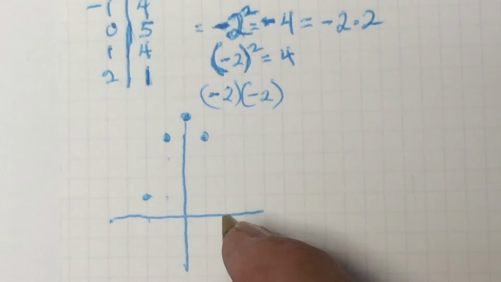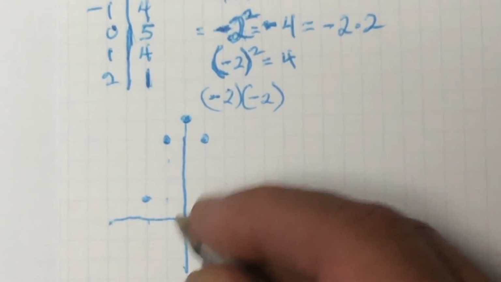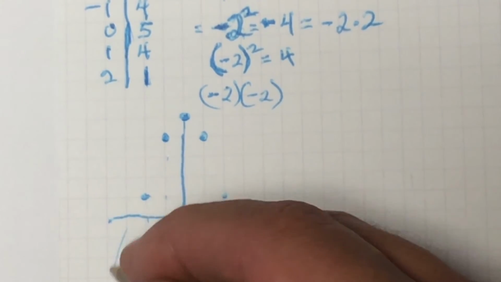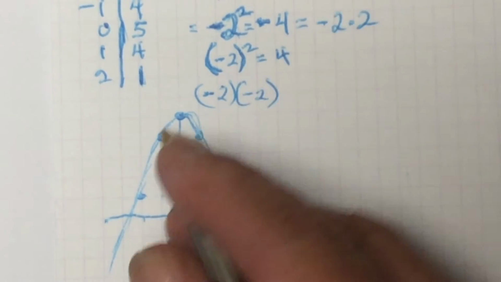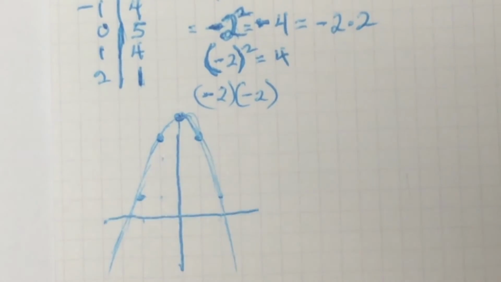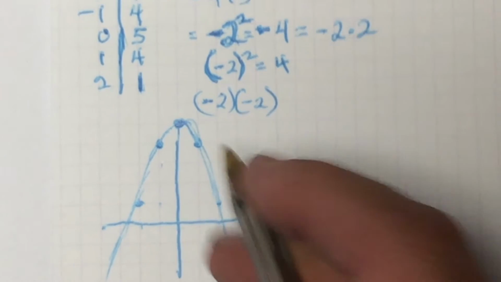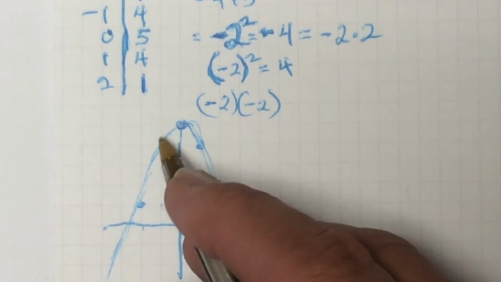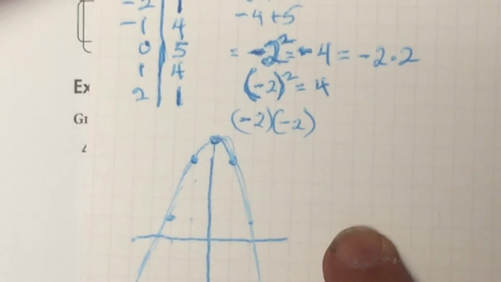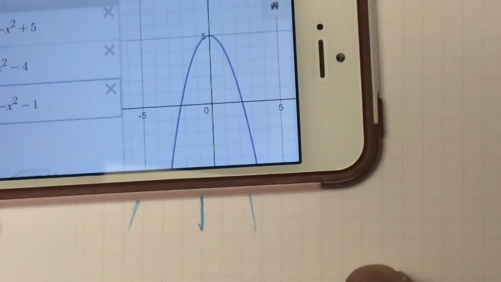And 2, comma 1 goes here. What do you notice about this? It is a parabola. This number is as high as it goes, so it'll be a maximum. And it is the vertex, so the vertex is 0, comma 5. And this is what it looks like if you're trying to do it perfectly.